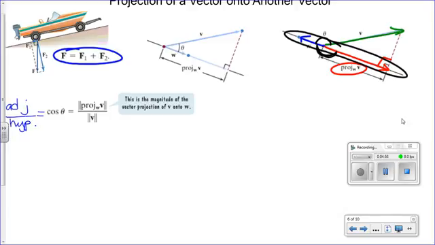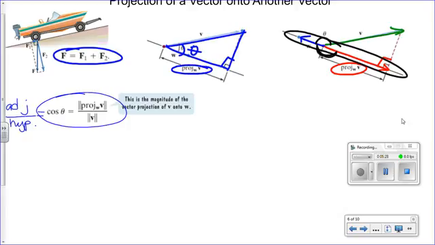So what we're going to use is the formula that we have here. We are considering this right triangle that you can see here, and here's the angle theta. We know that the adjacent side to theta is this one, the projection of V onto W.